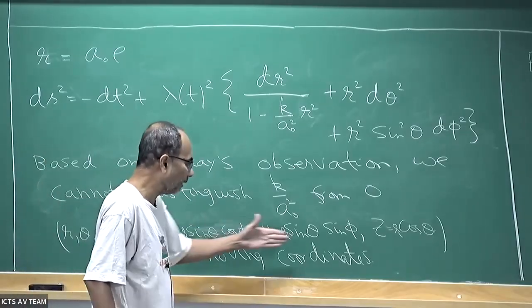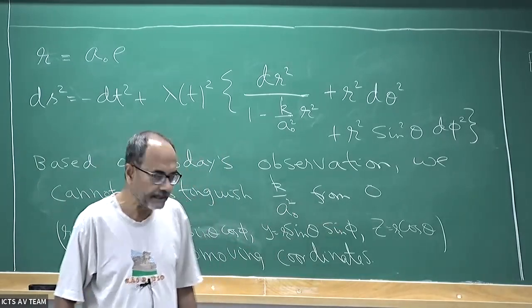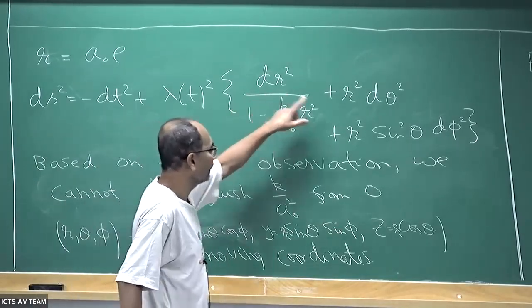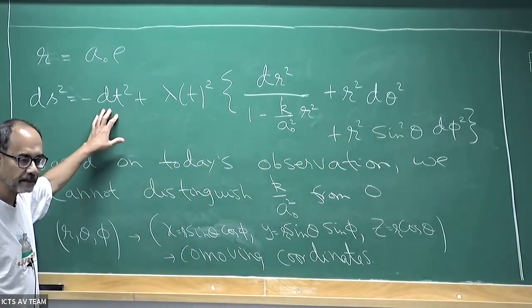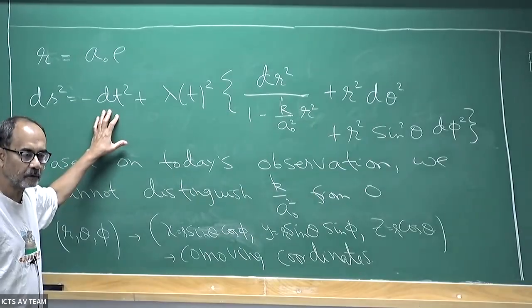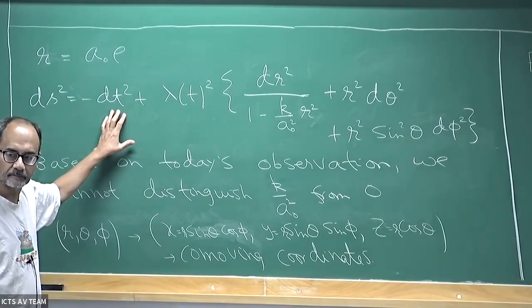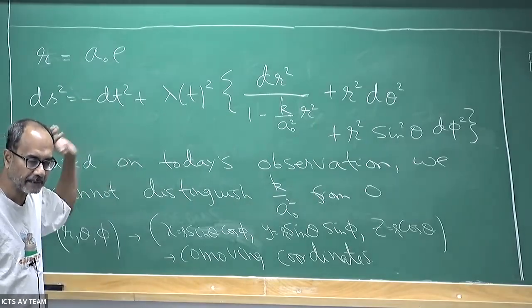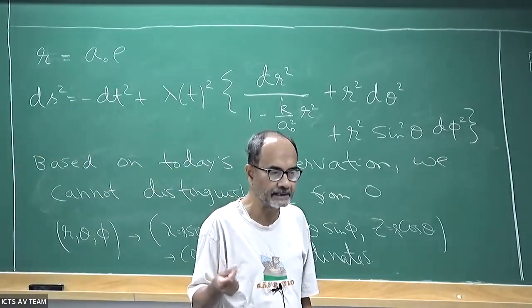Suppose we have a particle that is at rest in the co-moving coordinates. Then r theta phi are fixed, so ds square is minus dt square. That means for co-moving objects, t is the proper time. So this time coordinate t has a special role. This is the proper time for co-moving objects. So dx0 dt for a co-moving object is 1.